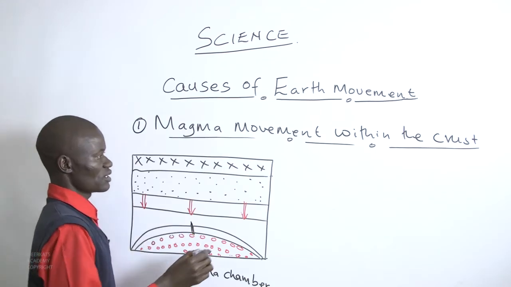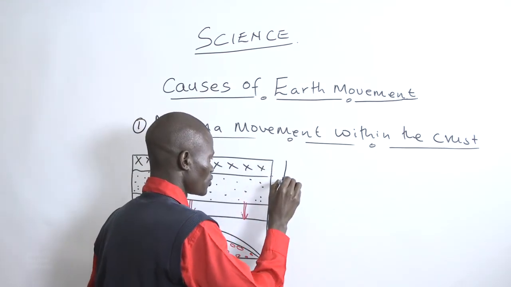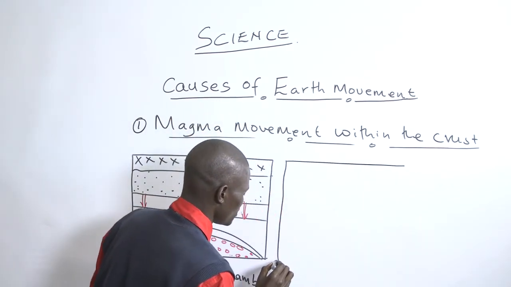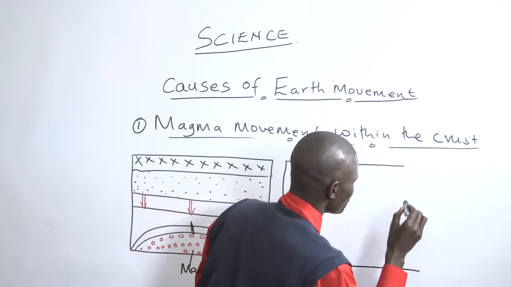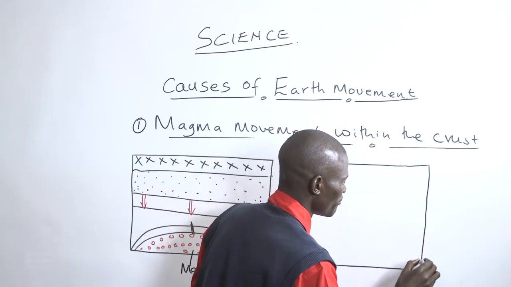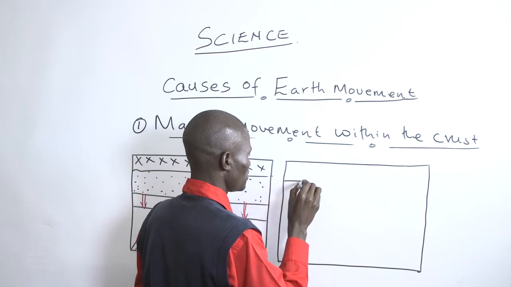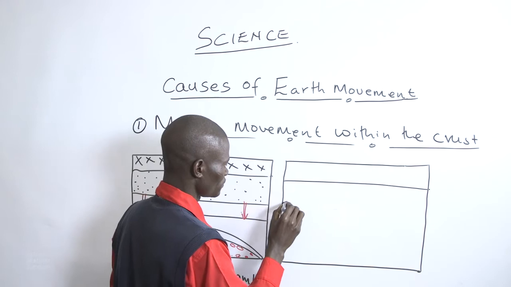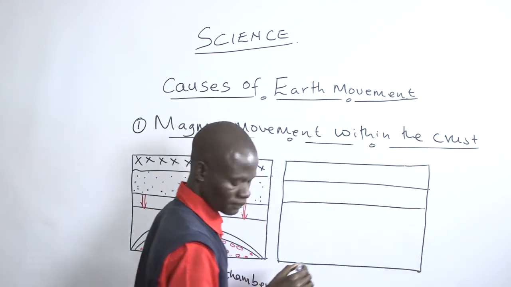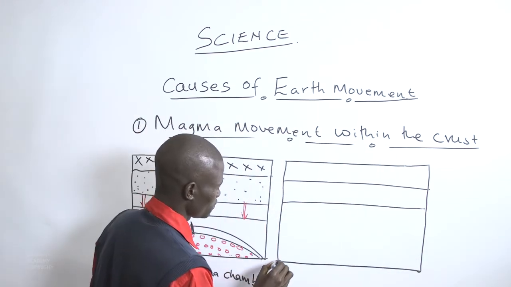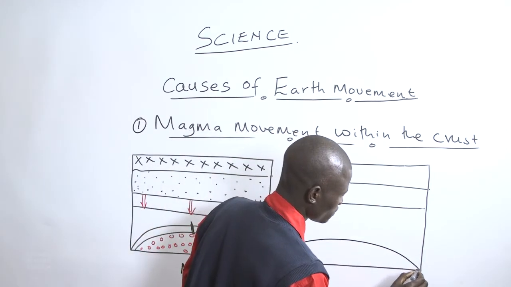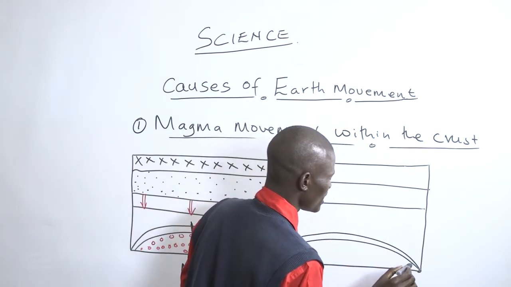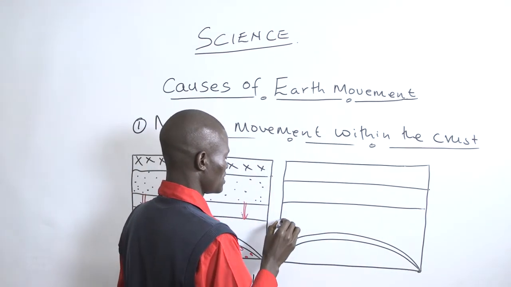In the process, as it is moving, it is going to result in the formation of lateral or horizontal movement, as the horizontal movement of the earth will be triggered off.